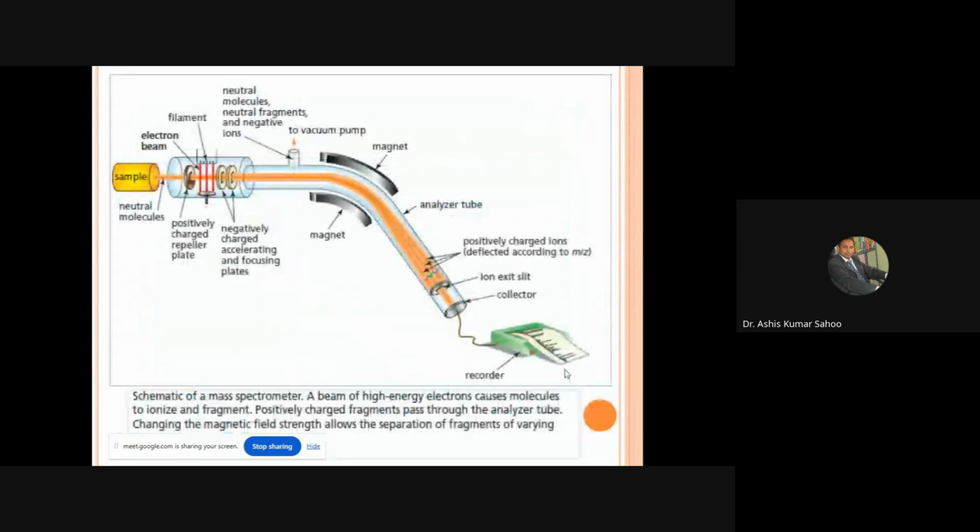So this is the whole instrument of mass spectroscopy. You can see it's a very complicated machine. This is a neutral molecule sample; when the electron beam passes, positively charged particles are generated here. The electron beam comes from the filament. Negatively charged isolating and focusing plates are there, and a vacuum pump.